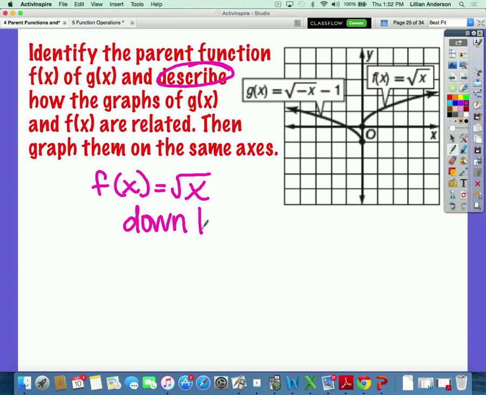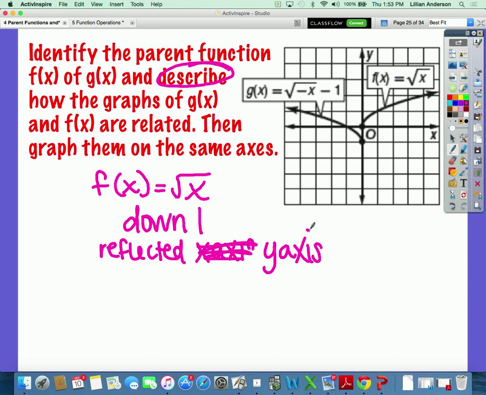It flipped over the y-axis because I made all of my x's negative. It reflected over the, what's it, x? Y. It flipped over the y-axis. So that's what it meant. That's what it means to describe.